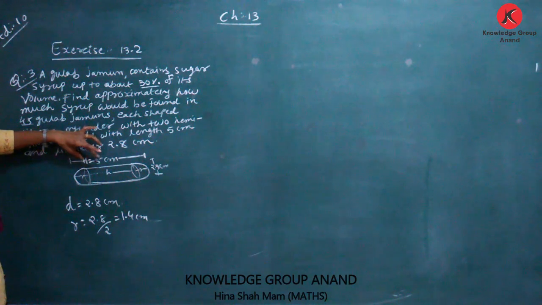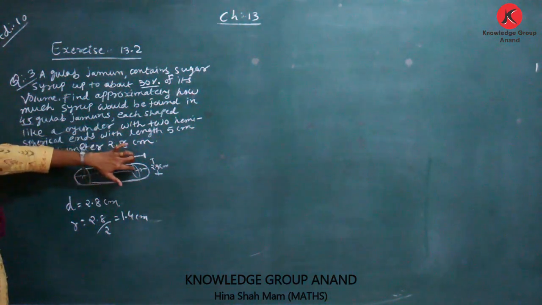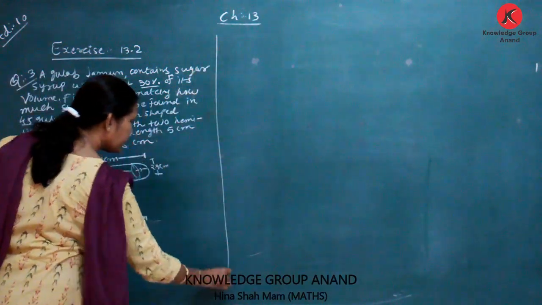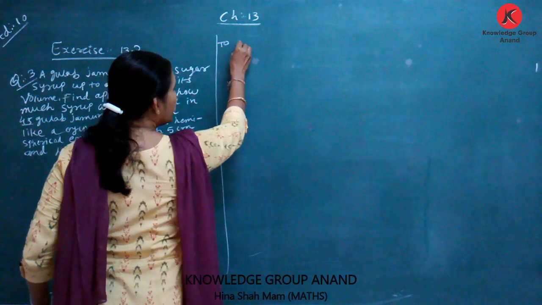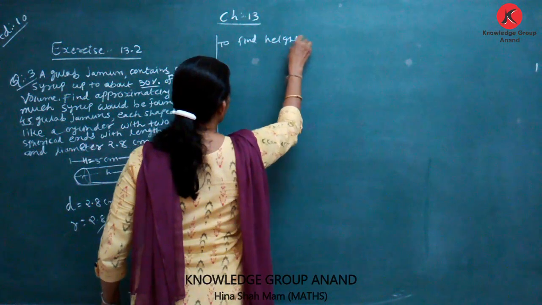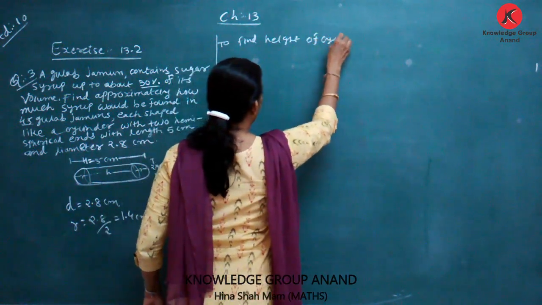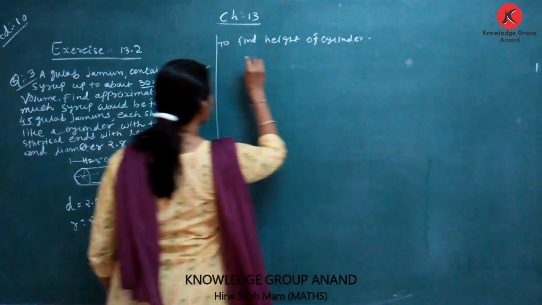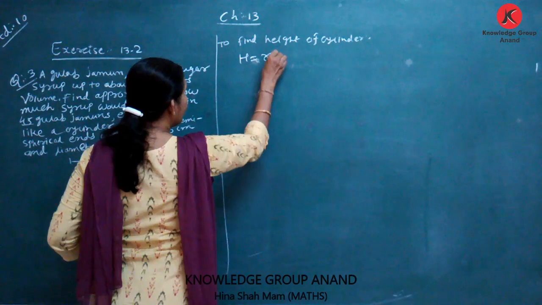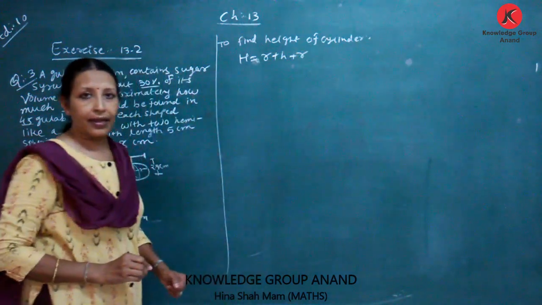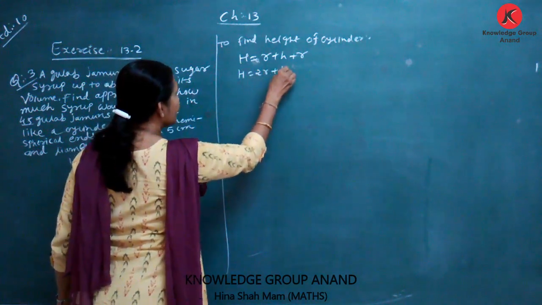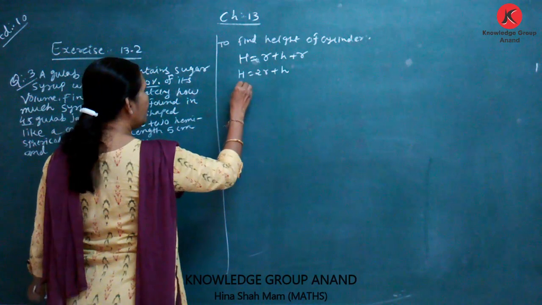We know that H is equal to r plus h plus r. To find the height of the cylinder, H is equal to r plus h plus r. Therefore, H is equal to 2r plus h. Here put the value.